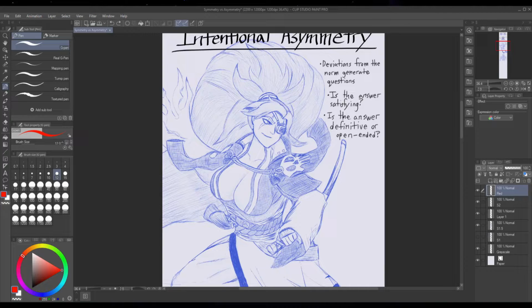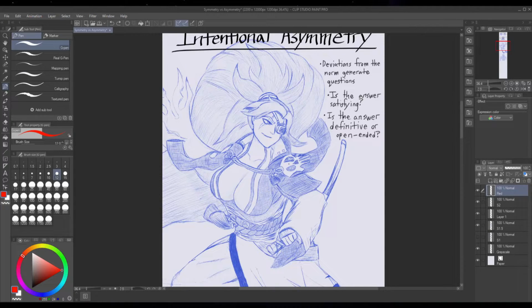There's a bunch of other littler things, like the samurai sword on one side, or the little tassels that are only on one side, but the bigger elements I want to focus on are this arm and this eye patch. There are some things I want to bring up with that.